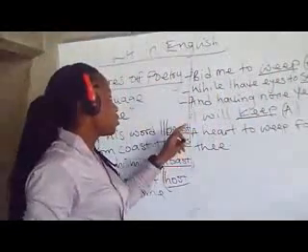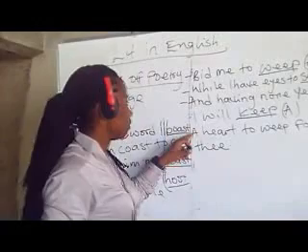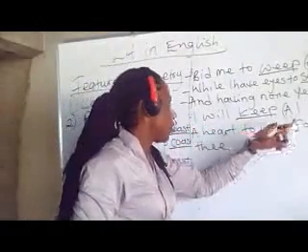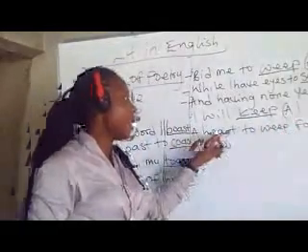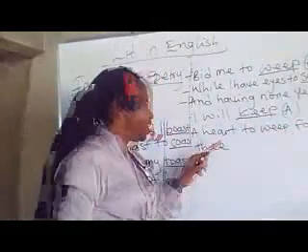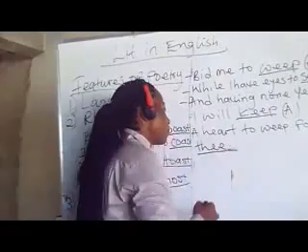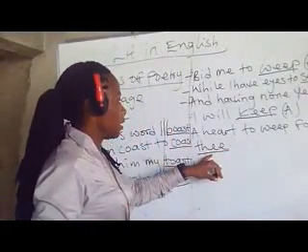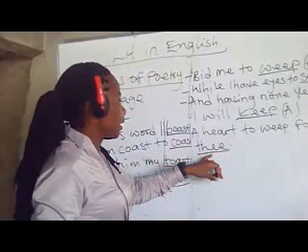Then we go to the fourth line: a heart to weep for thee. Thee is the ending word on the fourth line.